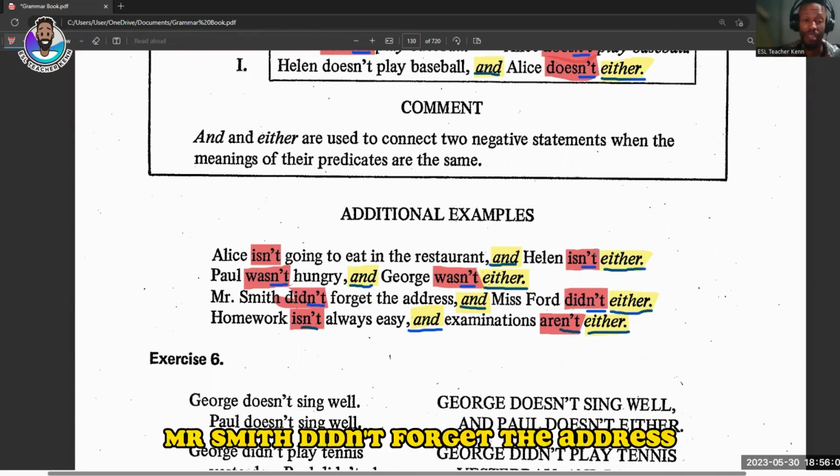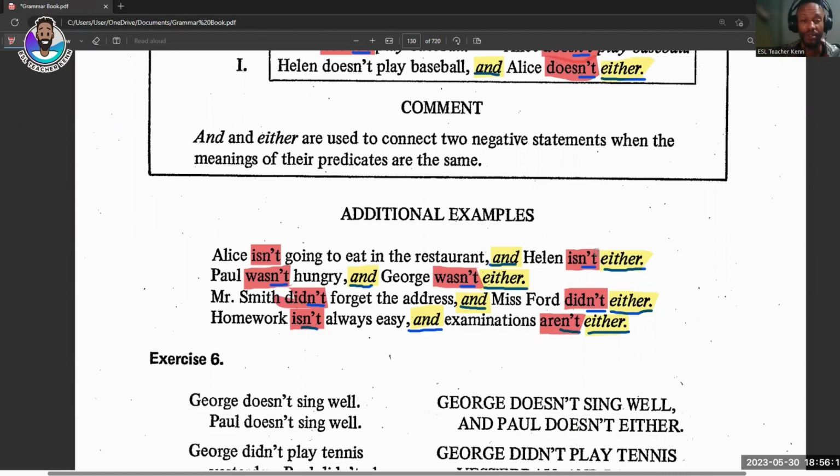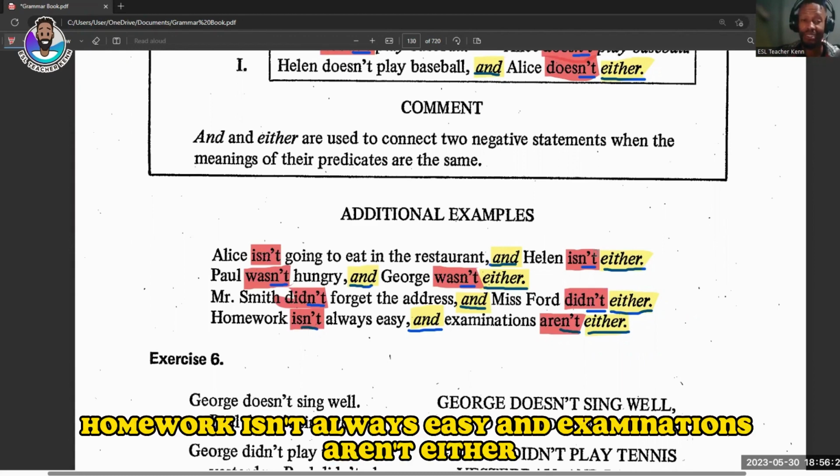Mr. Smith didn't forget the address, and Miss Ford didn't either. Homework isn't always easy, and examinations aren't either.